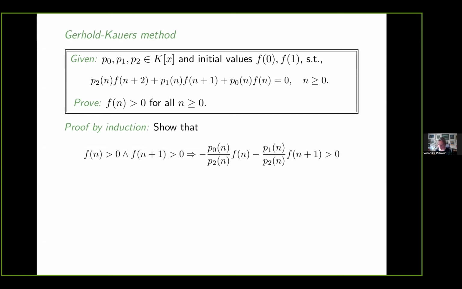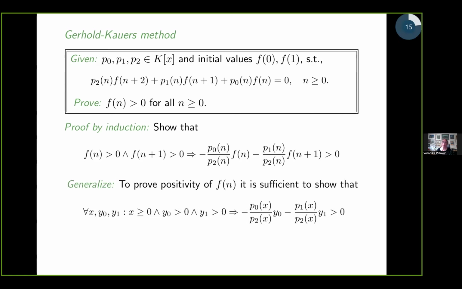So let me show it for a recurrence of order 2 in more detail, and a recurrence of order r works the same way. So say I have a sequence f_n given through the recurrence relation, and I want to show that it's positive. So I want to do a proof by induction the same way as in the previous slide. And as before, I do a generalization. So I introduce a real variable x for the integer variable n.